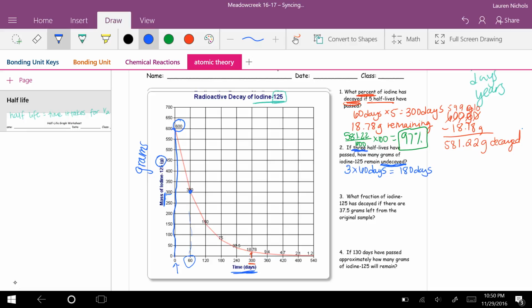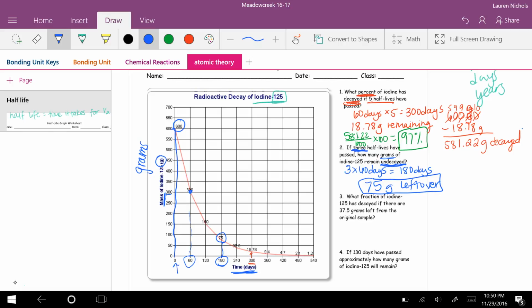So if we find 180, it's right here, we go up and we have 75 grams left over, which is exactly what they wanted to know. We didn't have to turn it into a percent, and we did not need to know how much was already gone. They wanted our answer in grams, so we give them our answer in grams.